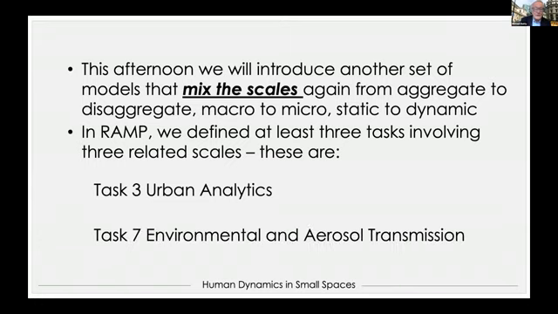A second task is environmental and aerosol transmission. There has been a Newton Gateway meeting such as this one on task 7, environmental and aerosol transmission. That's led by Paul Linden from Cambridge and Chris Payne from Imperial.